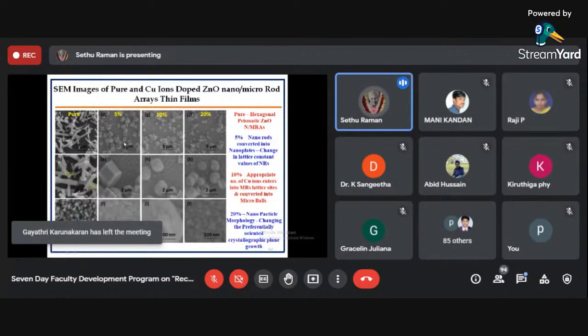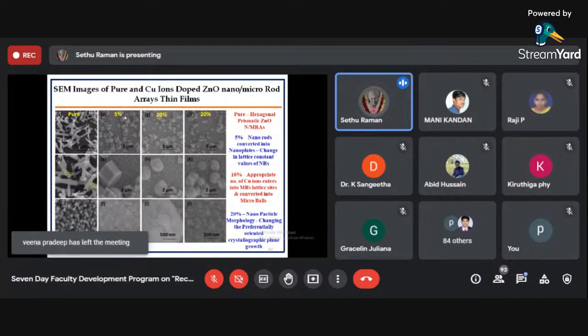That is how the micro rods are changing with respect to increasing copper doping. Completely the micro rods are changing into nanoplates and then a microball structure on the surface of the ZnO nanorods as the doping percentage increases.